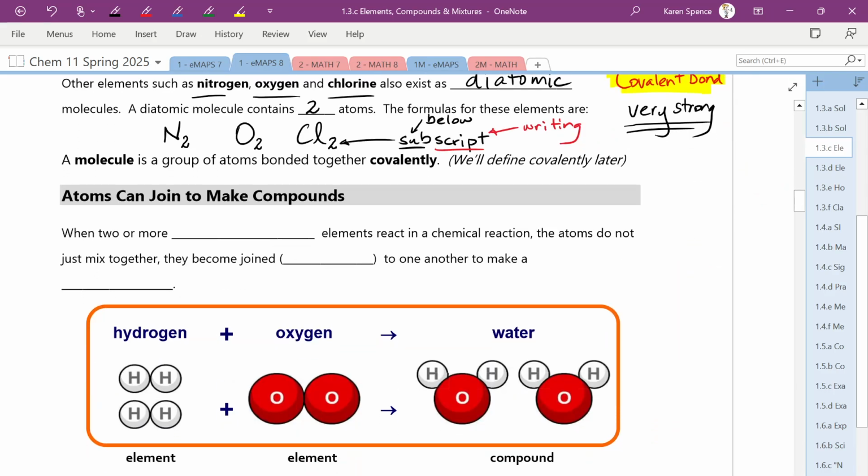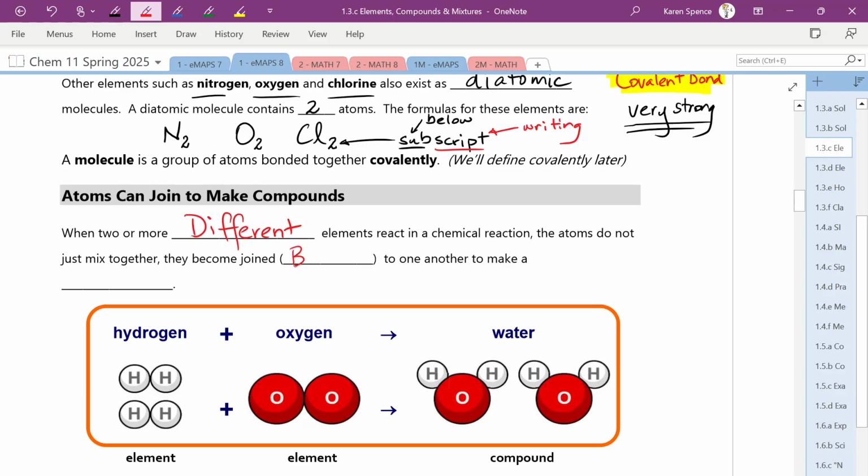Let's say we took 2 or more different elements and we put them in a chemical reaction, and they don't just mix, we actually have a chemical reaction, and so they become joined. What's the chemical word for joined? Bonded.